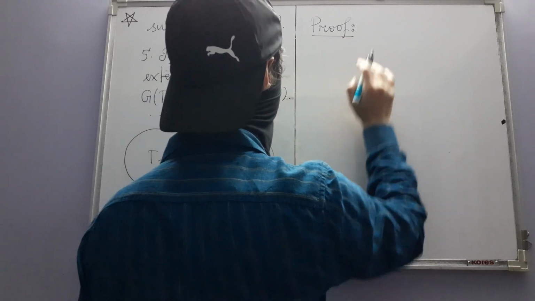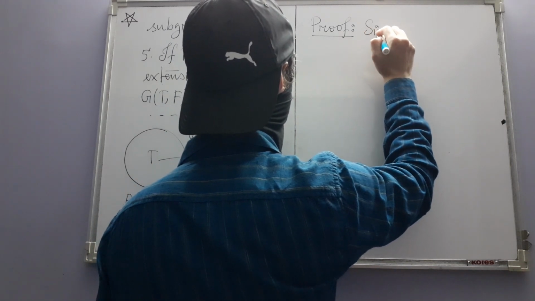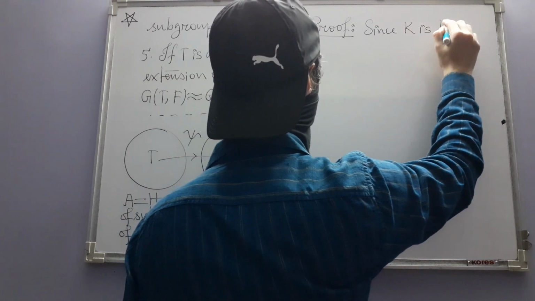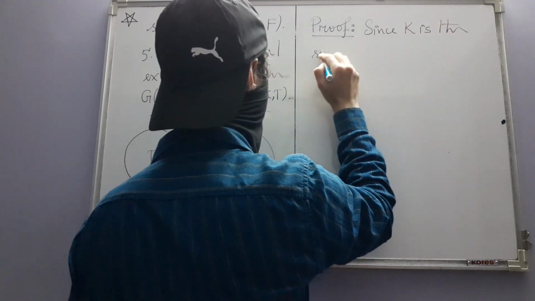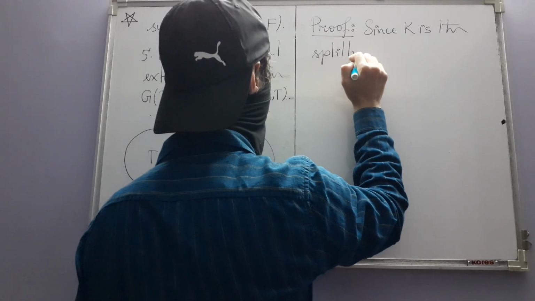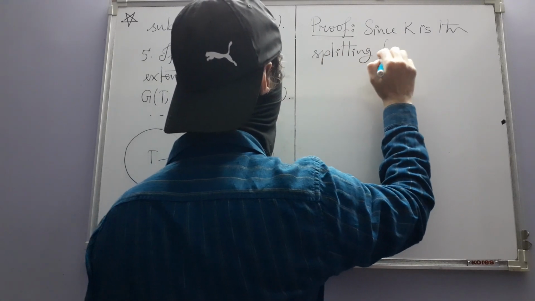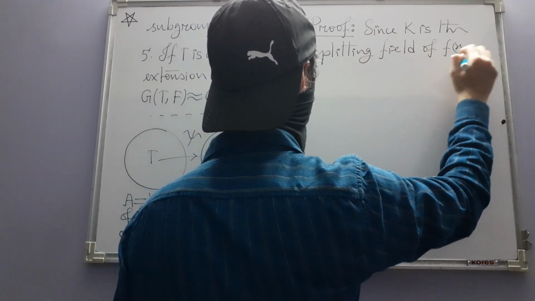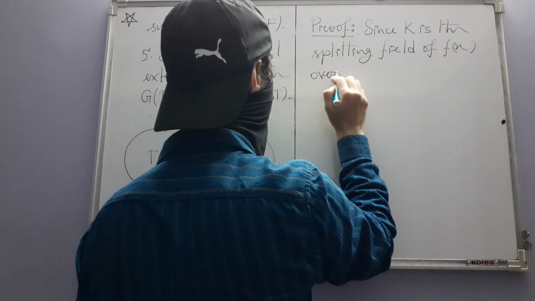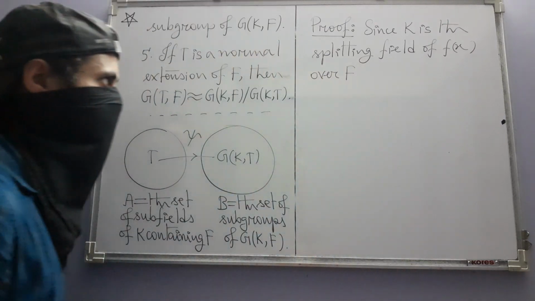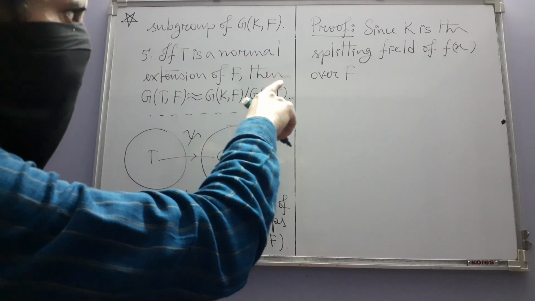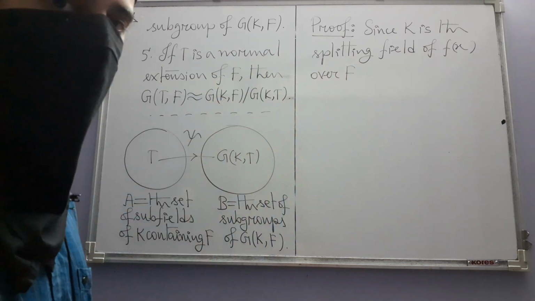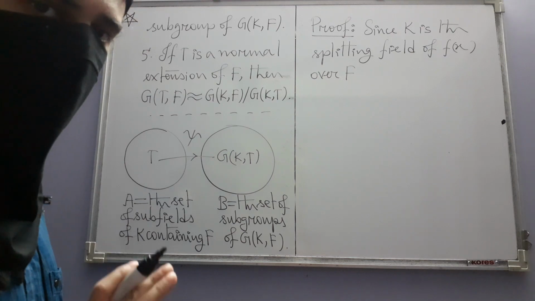And the first statement is this: since K is the splitting field of f(x) over capital F. By this last part, over capital F, we mean when we consider f(x) as a polynomial over F, then K is the splitting field of f(x).